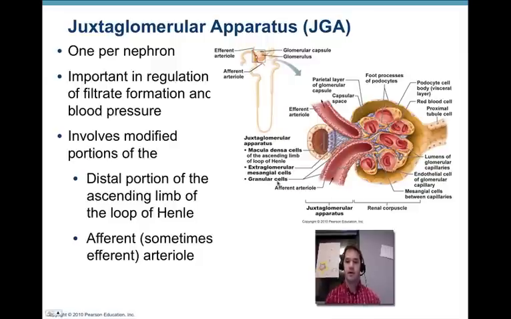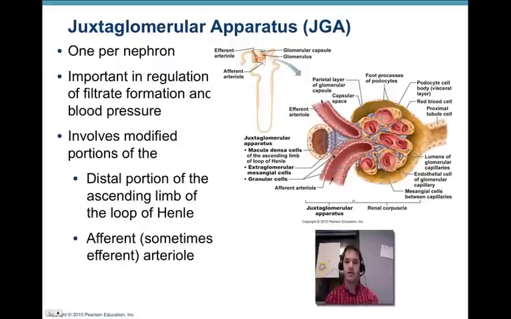So here's your afferent arteriole, your efferent arteriole, and this thing here is considered your juxtaglomerular apparatus. We've got macula densa cells that can sense sodium chloride in the ascending limb of the loop of Henle.